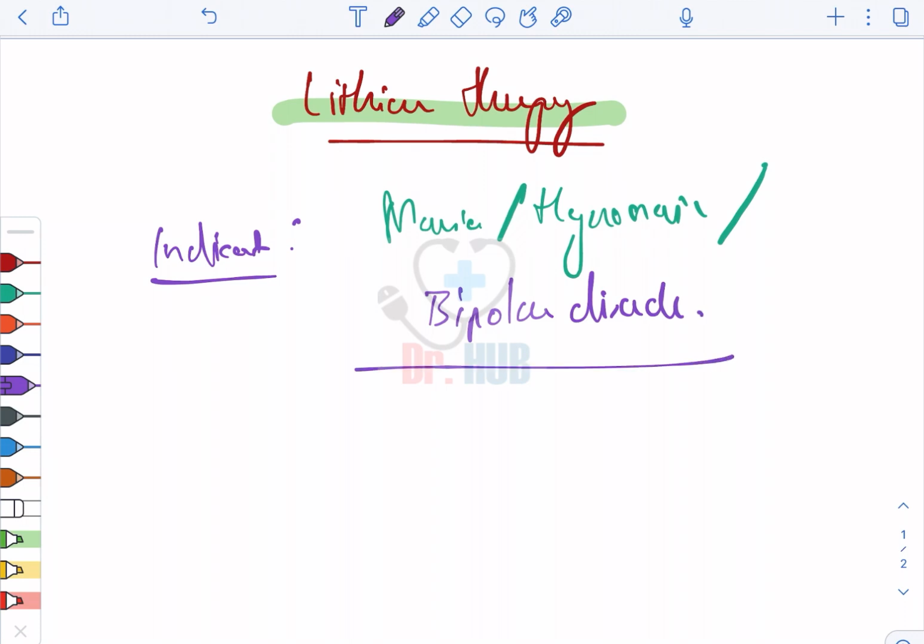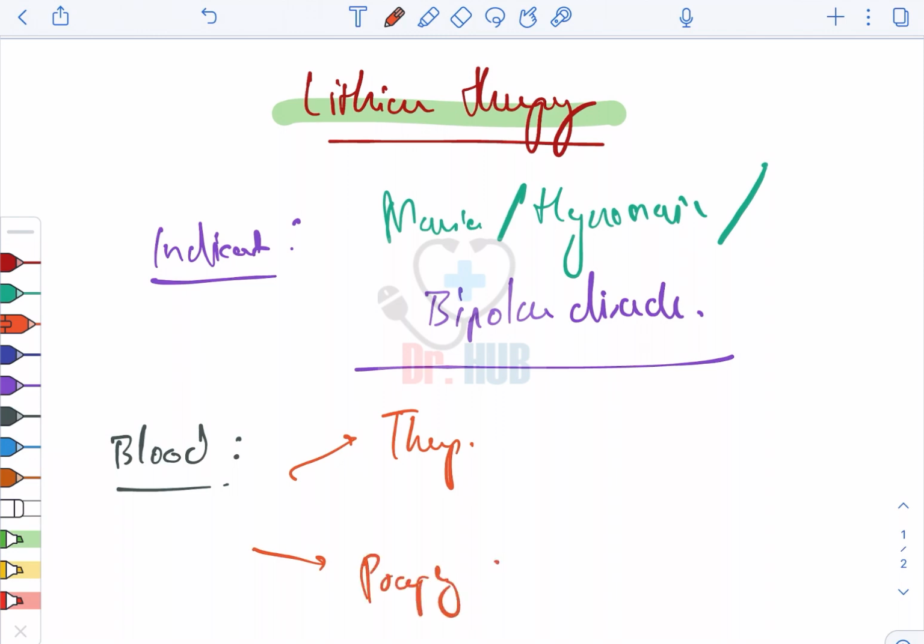So now looking at the blood levels. There are two categories: therapeutic and prophylaxis. Therapeutically, the level is about 0.8 to 1.2 milliequivalents per liter, and this is mainly to treat acute mania.